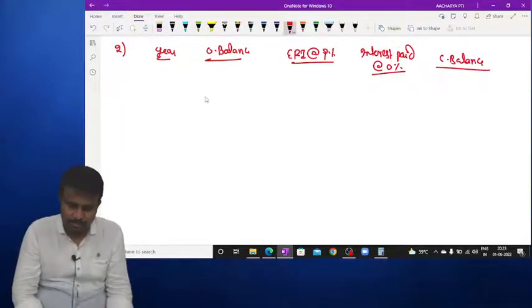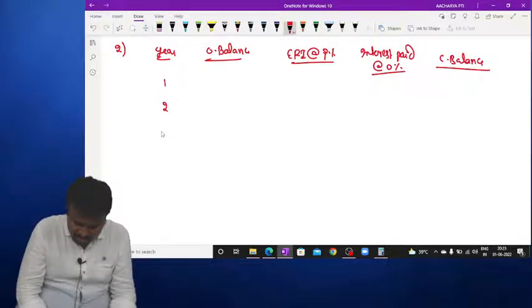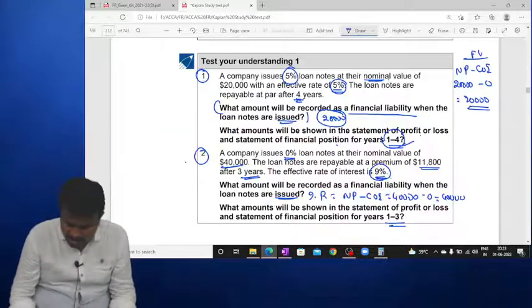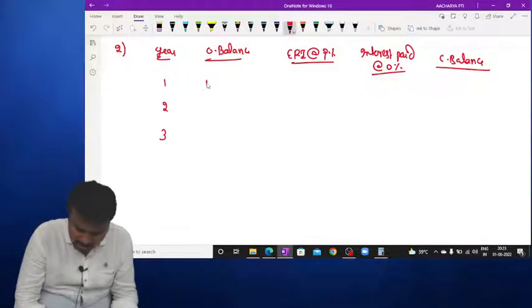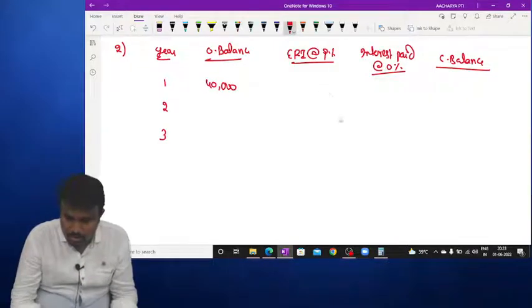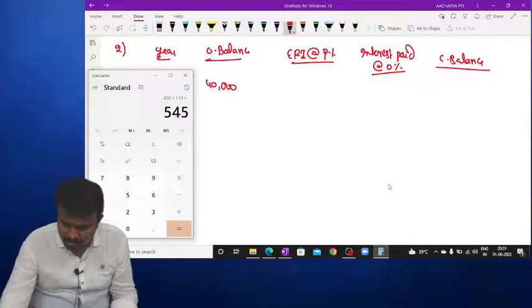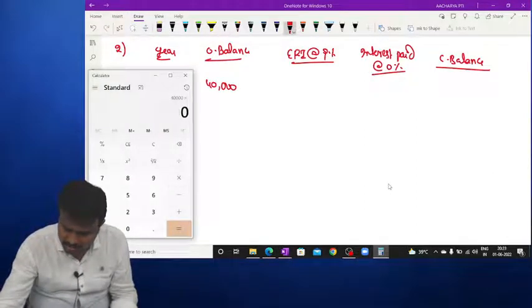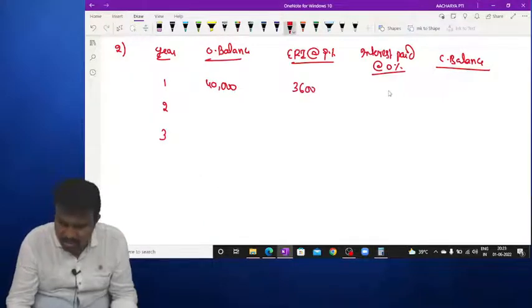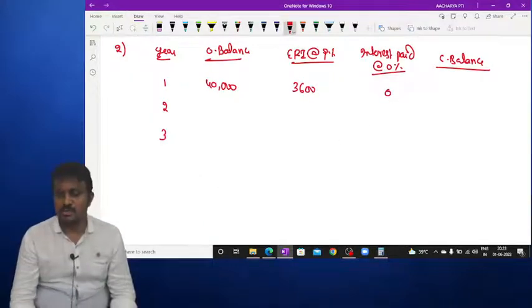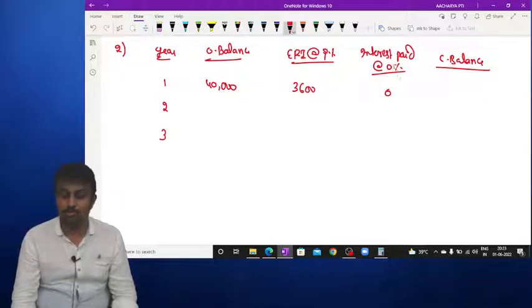So how many years are there? 3 years. And here initially we recorded this amount at what? 40,000, right? So 40,000 into 9% equal to 3,600. So here interest paid at 0% is applied on face value. Face value is 40,000. So 0.